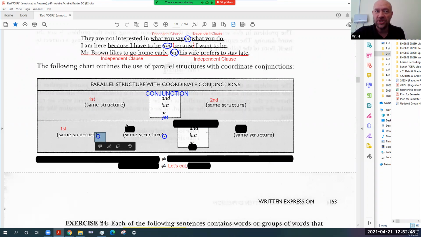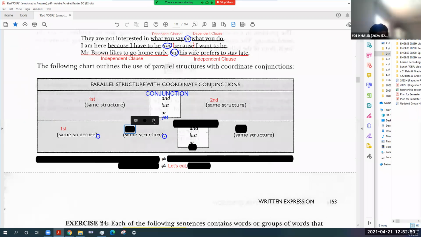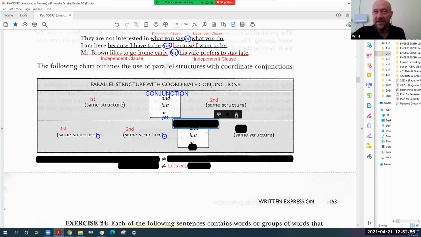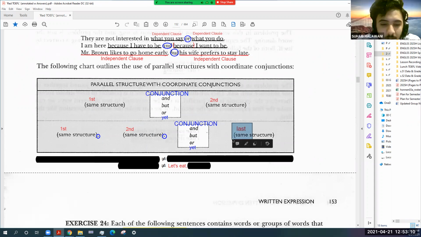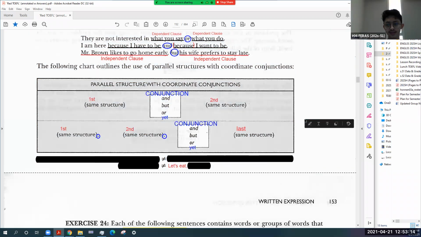So first same structure, comma, second same structure, comma, and then the conjunction, including yet, and then third or last. Why did I say last? Because the conjunction must be before the last.